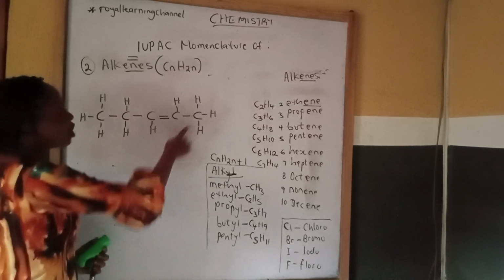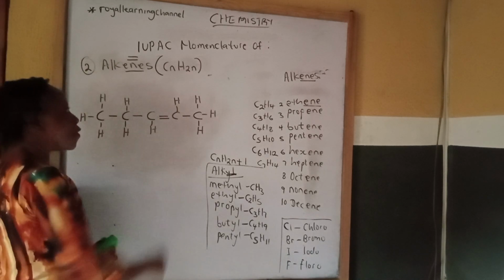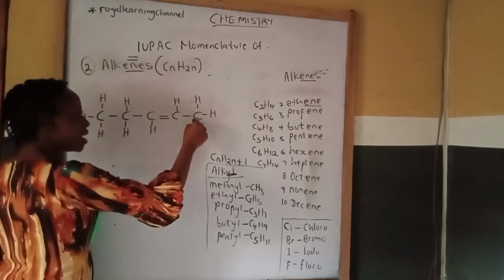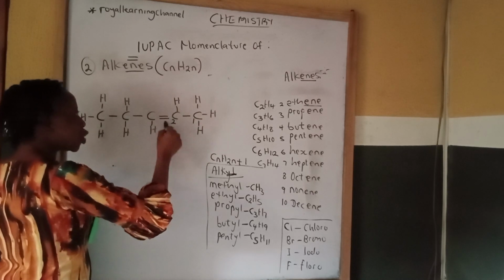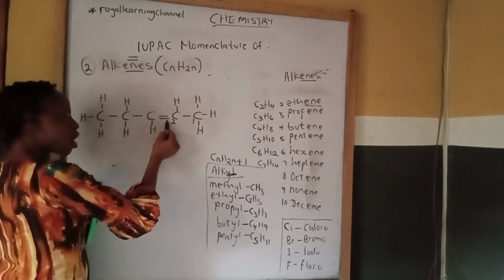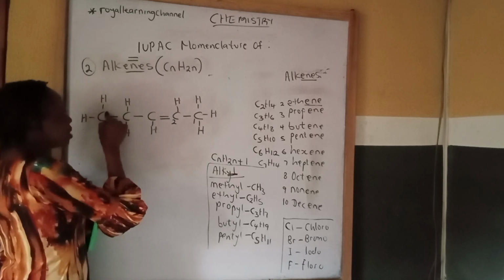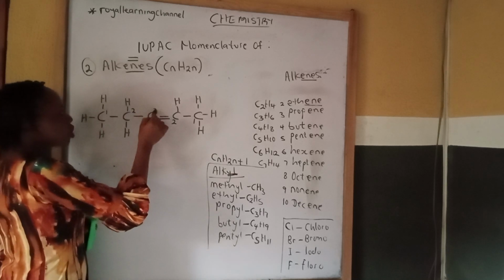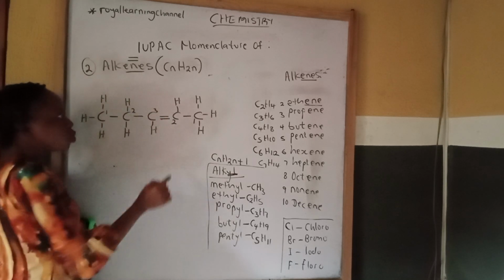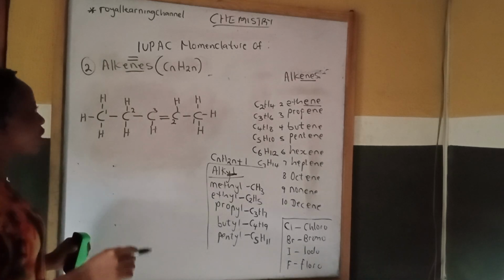So if I want to name this structure now, you have to consider your functional group. If I name from this side, 1, 2, my double bond is on the second carbon atom. But if I name from this side, 1, 2, 3, my double bond is attached to the third carbon atom.